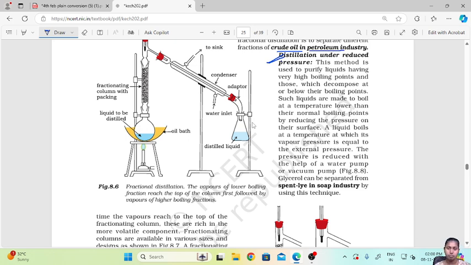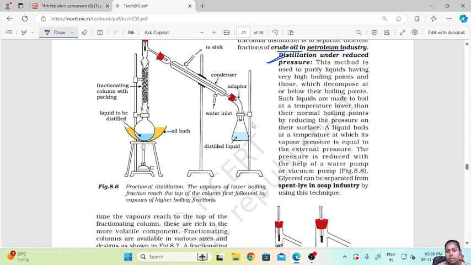Such liquids are made to boil at a temperature lower than their normal boiling points by reducing the pressure on their surface. How are such liquids made to boil? They are made to boil at a lower temperature, lower than their normal boiling points, by reducing the pressure on the surface.